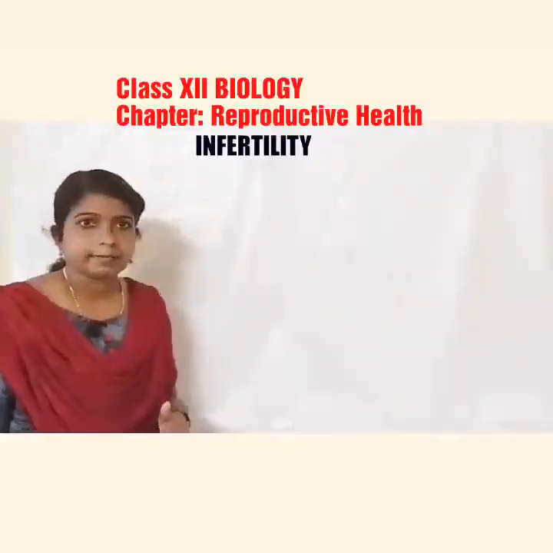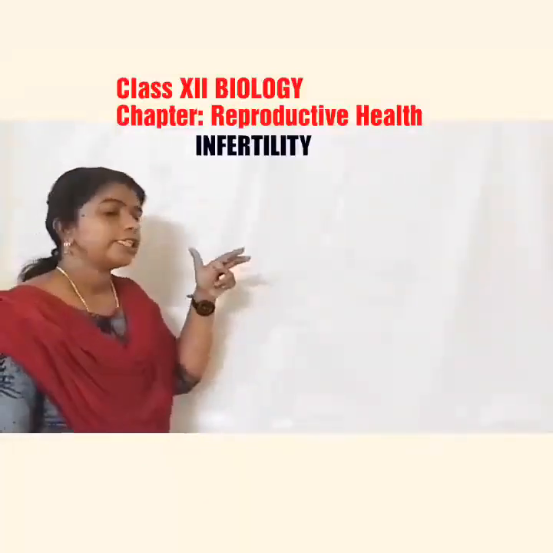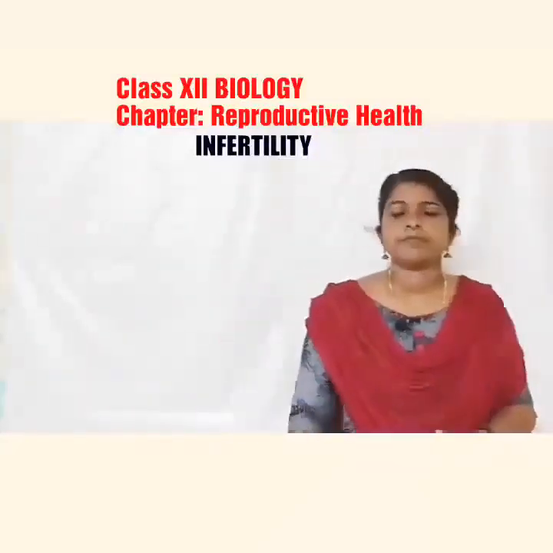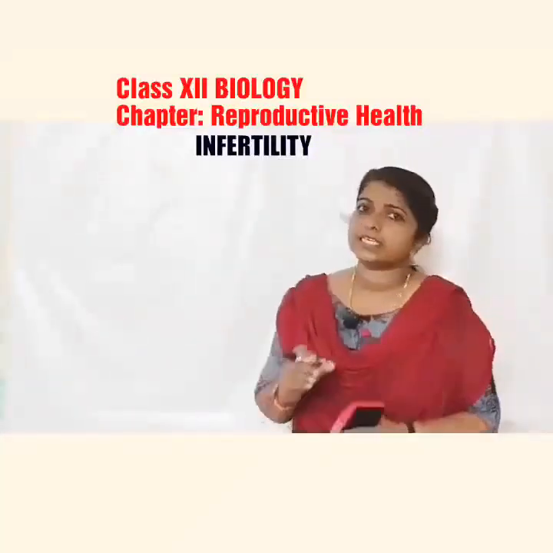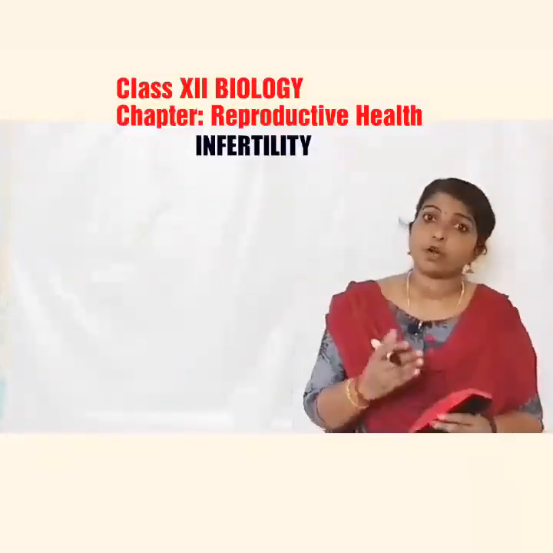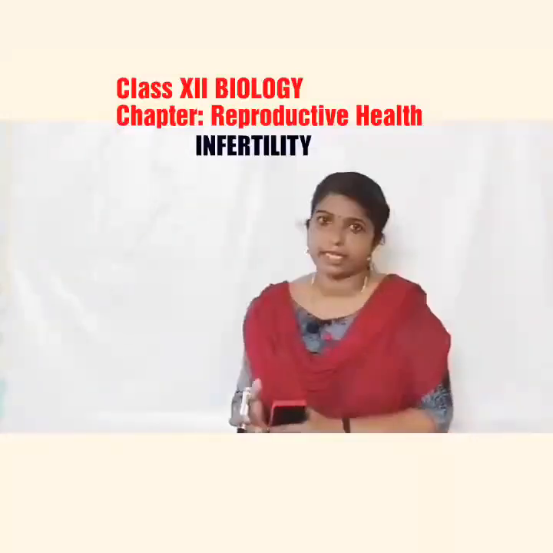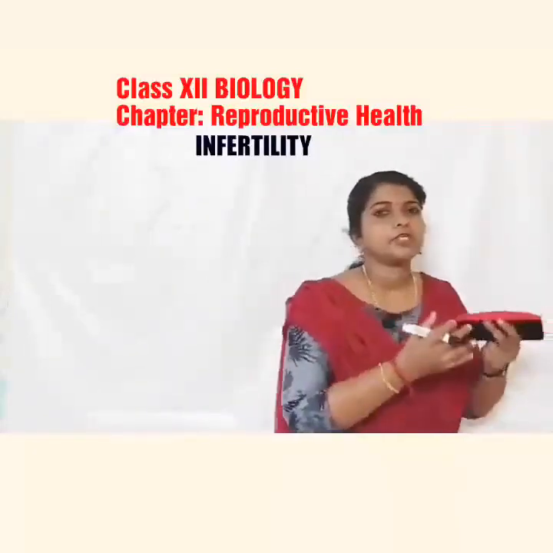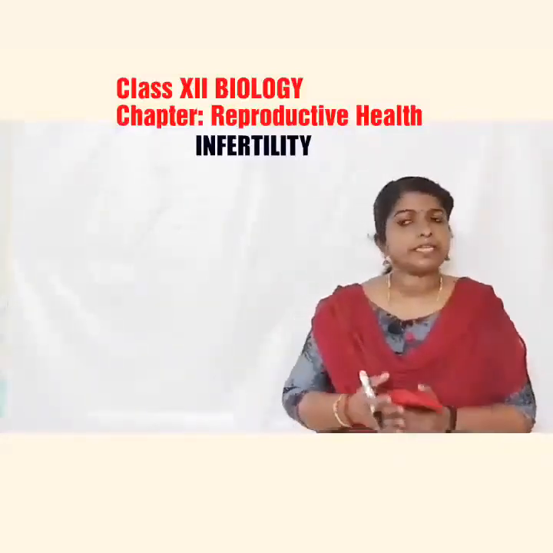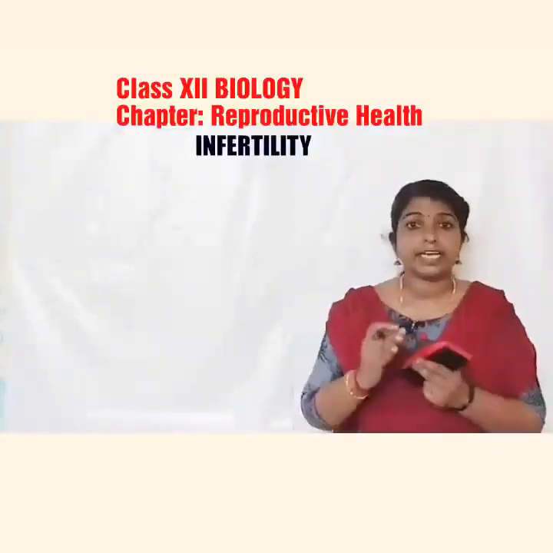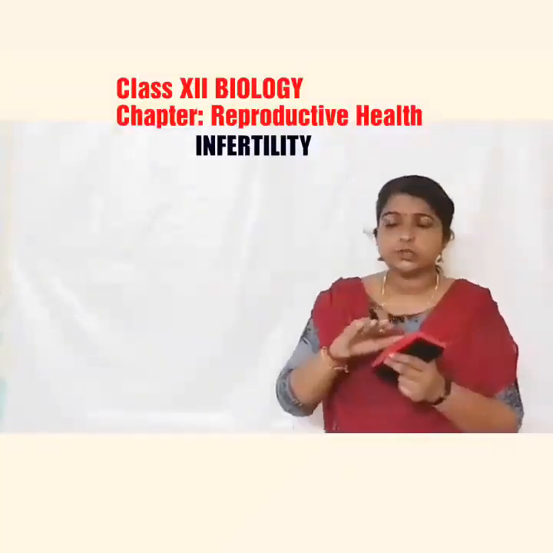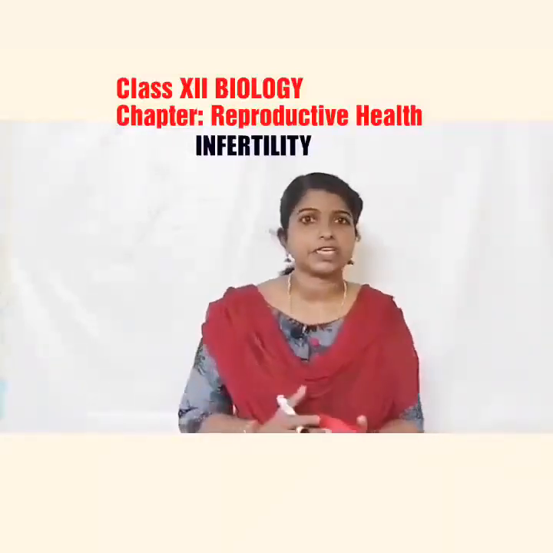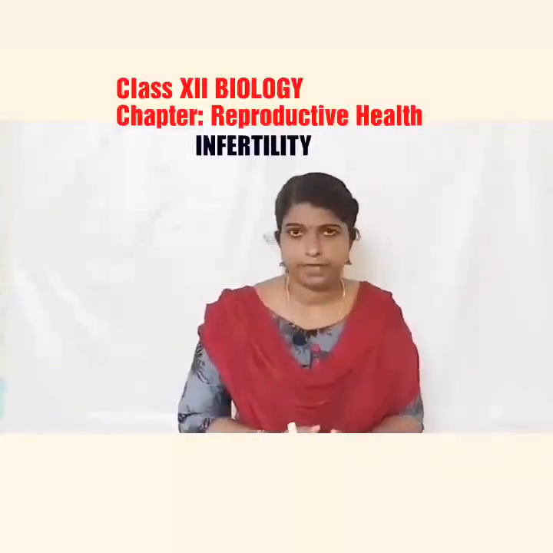Another method is, here the ovum can be collected and transferred to the fallopian tube of the female, because some females are unable to produce ovum, but they can create a suitable environment in the uterus for implantation and fetal development.